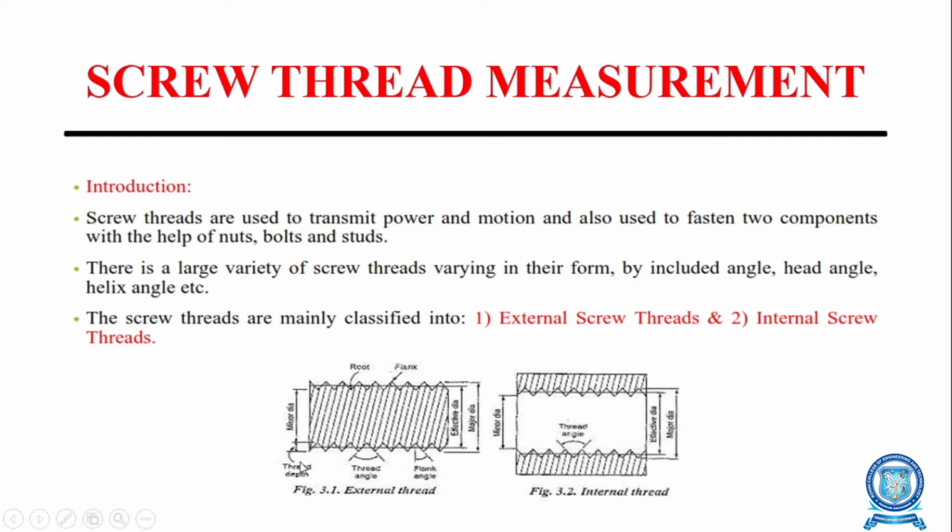The first figure shows the external screw threads and the second figure shows the internal screw threads. The threads which show outside of the component are called external screw threads, and the threads which are inside the component are called internal screw threads.